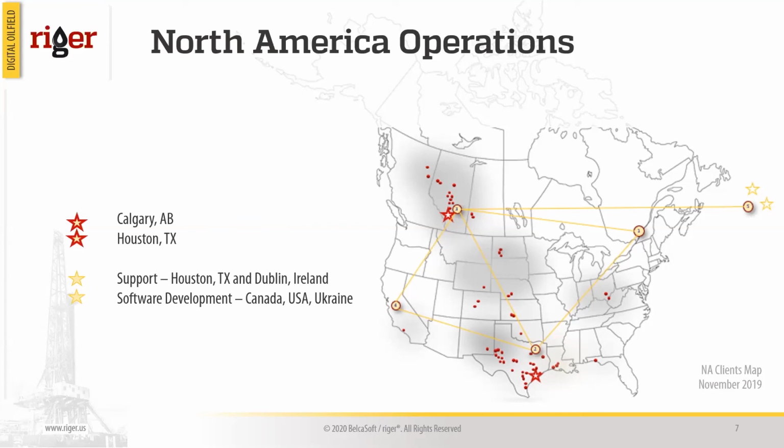We also have a distributed support department located both in Houston, Texas, and in Europe, in Dublin. Our software development team is also allocated between different continents, both North America and Europe. So we are a global company, but our main focus of operations is here in North America.